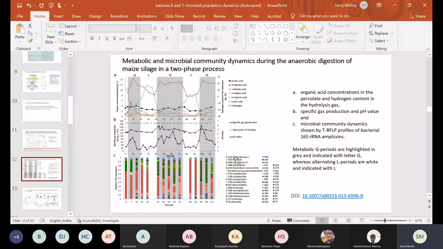So these are only partially degraded products of sugars and other polymers, and these are the ones which are predominant in the gaseous phase. You see here how the population dynamics changes as a function of time and its correlation with either the lactic acid production or the gas production. So is this clear to everybody?